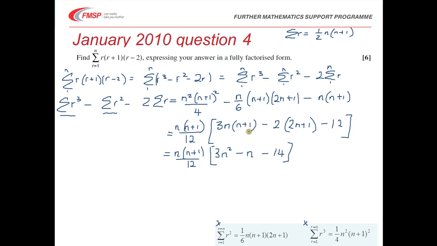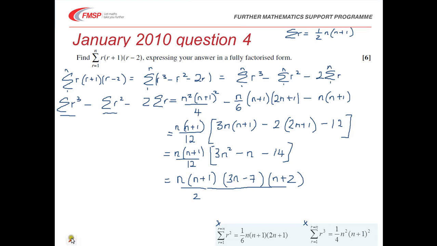At that stage, look at the quadratic and hopefully it will factorise. Sometimes it won't, but in this case it will factorise as (3n − 7)(n + 2). And we now have our answer, bearing in mind all of this is over 12, in a fully factorised form.